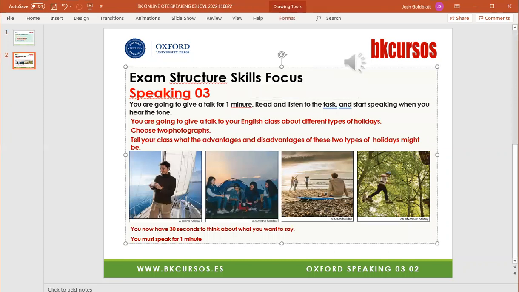Let's imagine you're talking to your students or your friends in class, and you're talking about different types of holiday. So if you look at these photographs, you can see there are different types of holiday. In the first one, you can see a sailing holiday at sea.